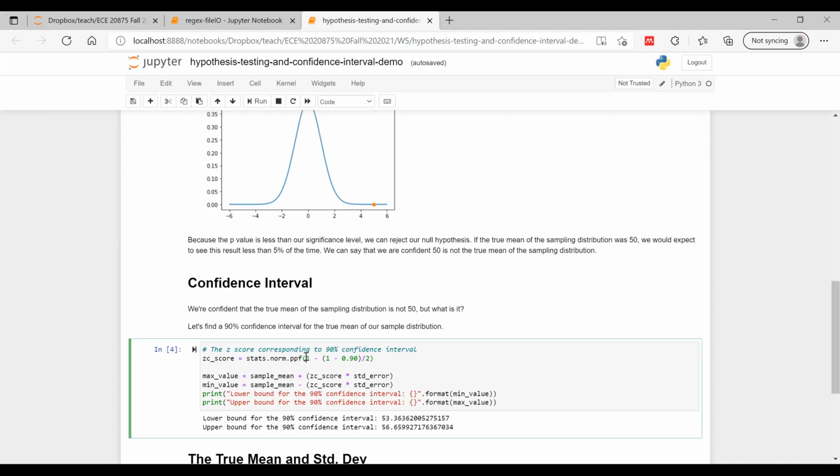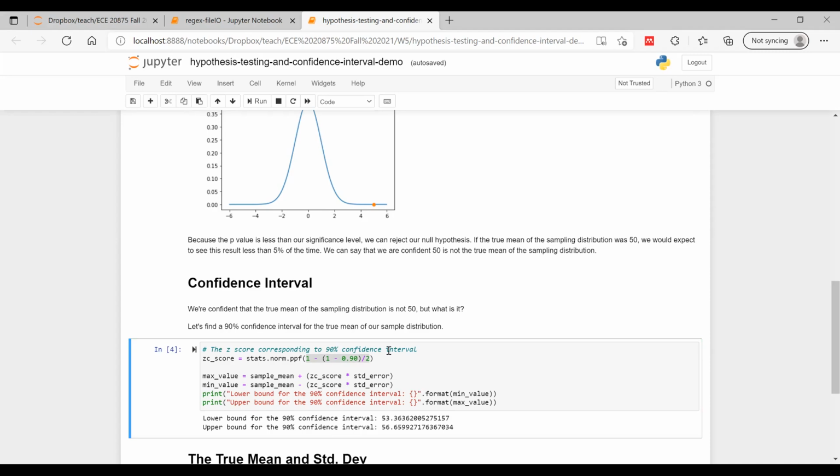Sorry, you will compute the PPF. The PPF tries to look for the axis point matching a CDF, because 1 minus this will be the CDF, the whole region up to this score point. So now we look back, like a reverse lookup: what will be the z-score to make sure this region has this value.